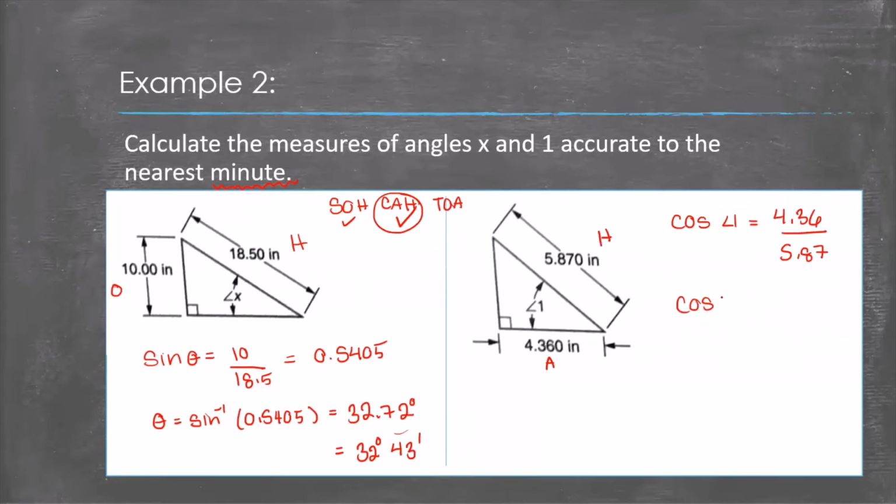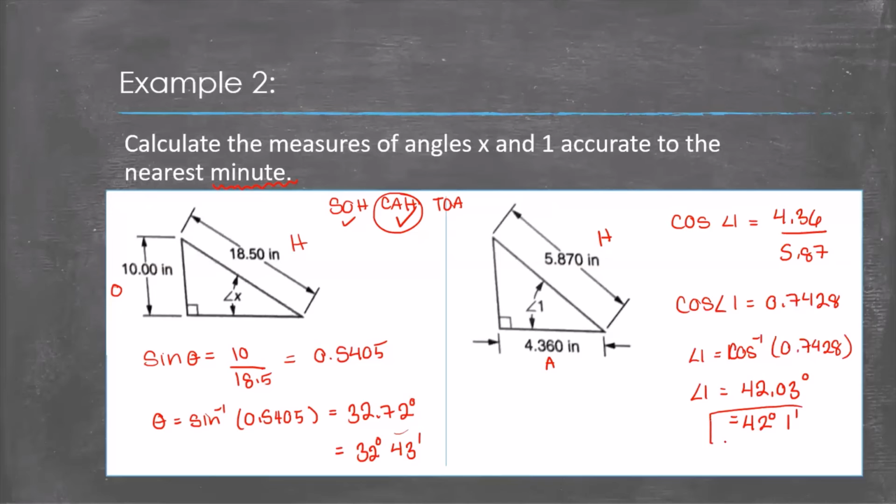So the cosine of angle 1 as a decimal is 0.7428, and angle 1 is inverse cosine of that, which is 42.03 degrees, equal to 42 degrees and 1 minute. Okay, so not hard to do, especially when you have that degree, minute, second button, pretty easy to calculate.